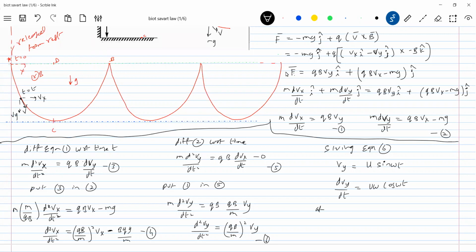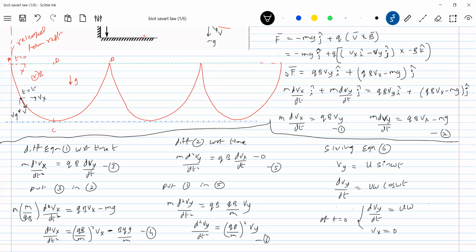Let's go for the initial condition. At t equals 0, what is the value of dvy by dt? U omega. And what is the value of Vx? Vx will be 0.